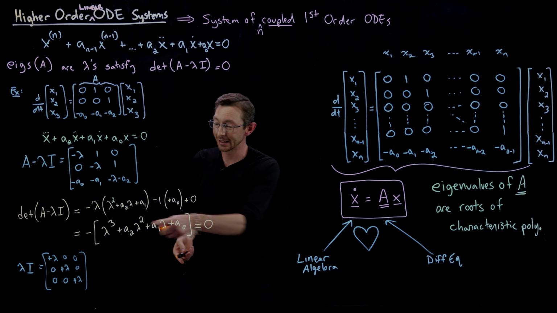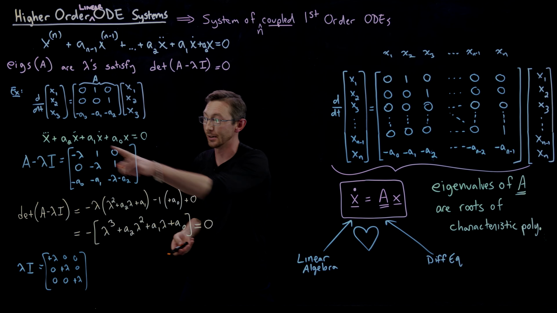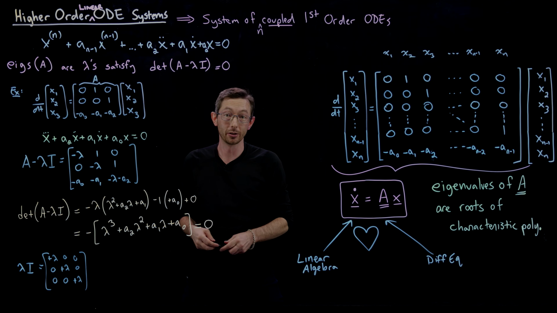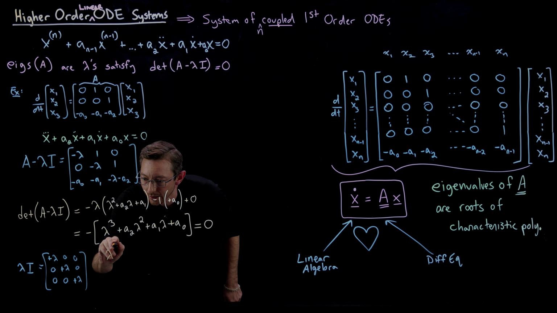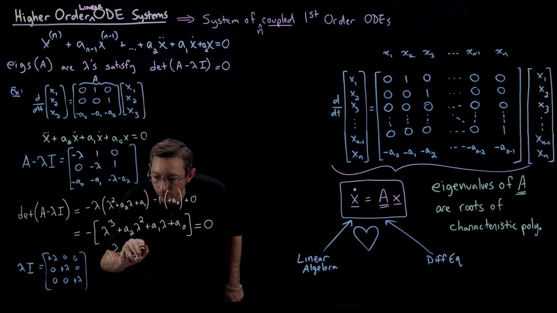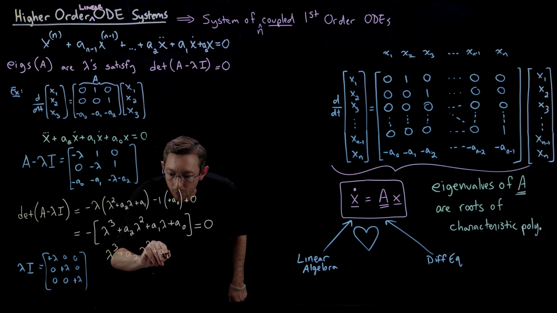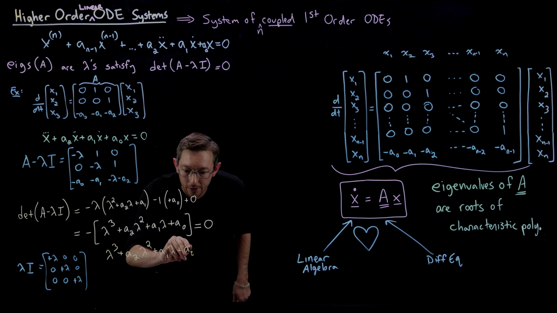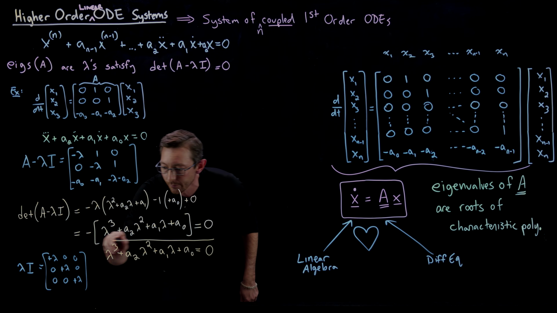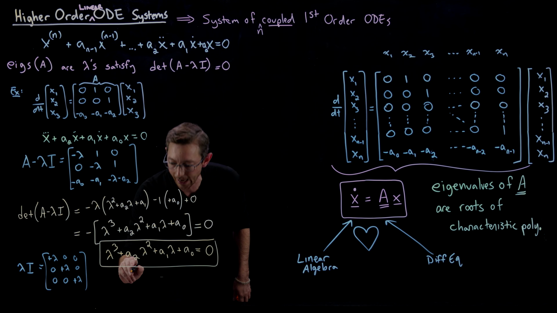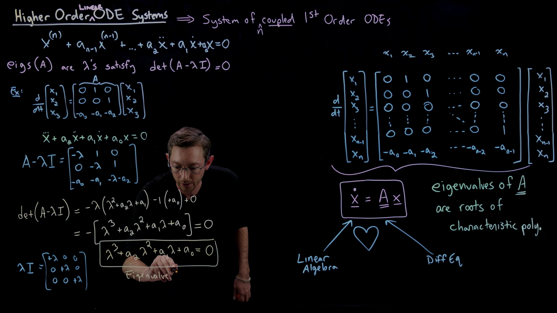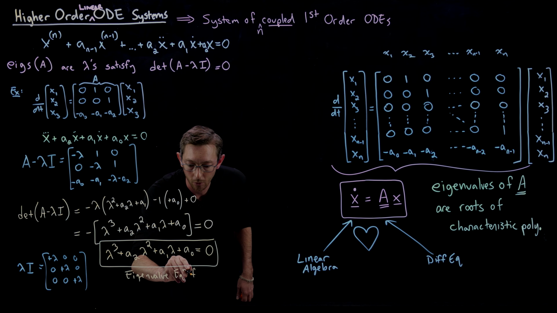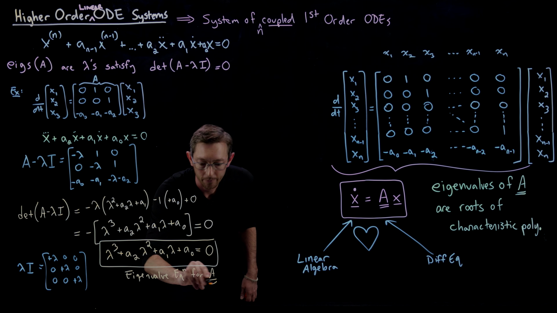But you'll notice that this is also exactly the equation for the characteristic polynomial of this differential equation. I'll just write it out. Lambda cubed plus A2 lambda squared plus A1 lambda plus A0 equals 0. So this is the eigenvalue equation for A.